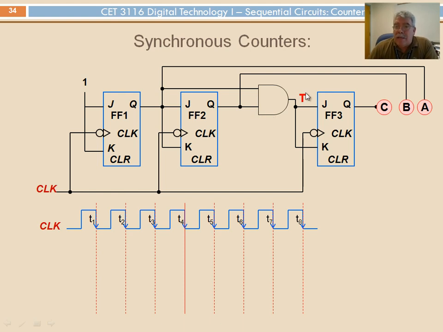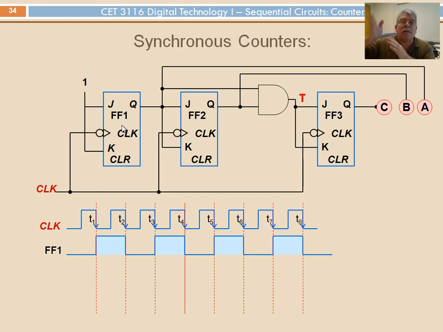In other cases, T will be 0, so that will be a hold. And then, using that approach, we see exactly the same thing as before with the first flip-flop, always tied to 1, always toggling. The least significant column always toggles 0, 1, 0, 1, 0, 1.